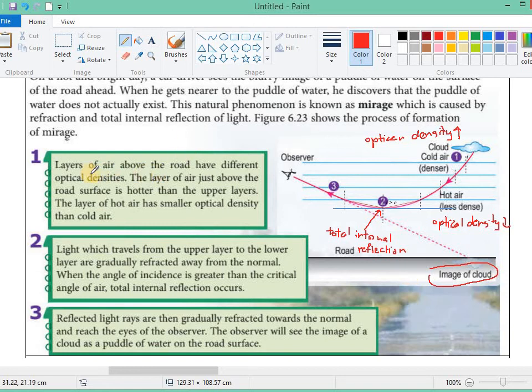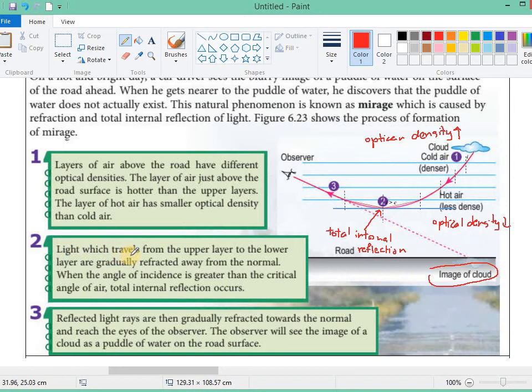Alright, so look at the explanation. The layers of air above the road have different optical density. The layer of air just above the road surface is hotter than the upper layer. The reason is of course because the road surface is hot, so the air near the road will be heated by the road. The layer of hot air has smaller optical density than cold air.